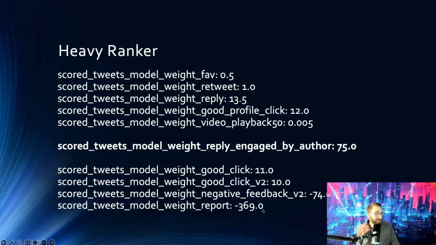And then if someone reports you, that's like a math.min. That's about as bad as you can get. It takes a lot of effort to be able to come back from how much you can engage with someone to when someone reports you. One bad report is going to make the whole thing terrible. So avoid reporting if you can.